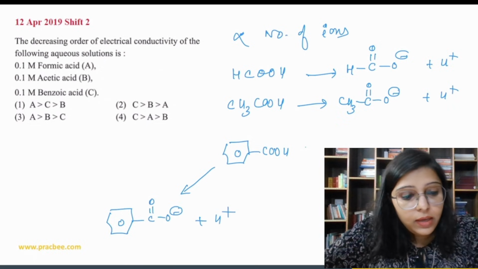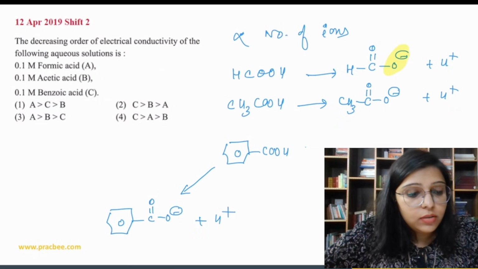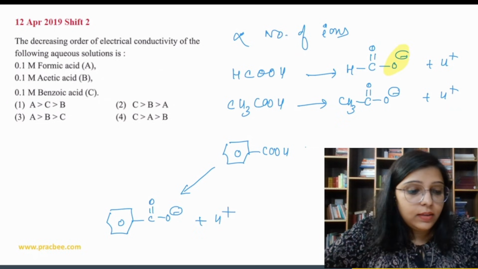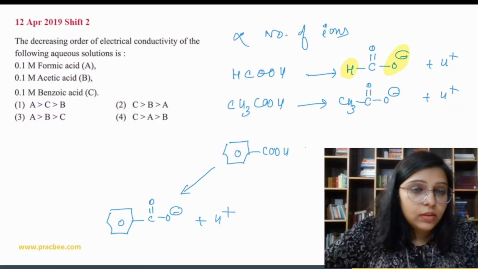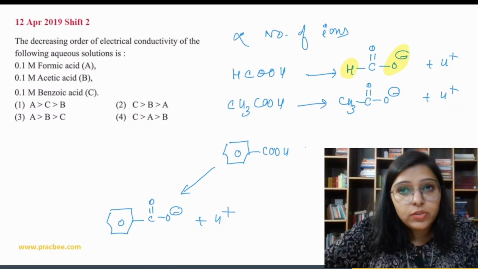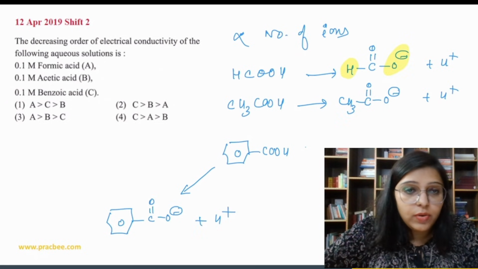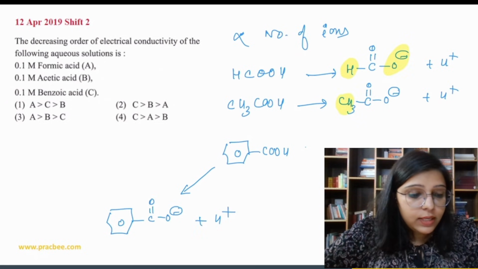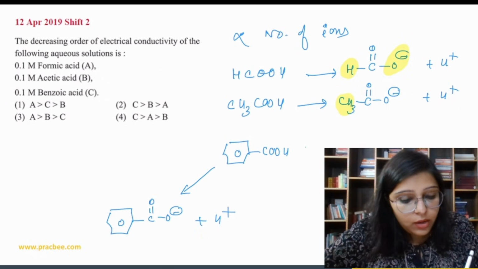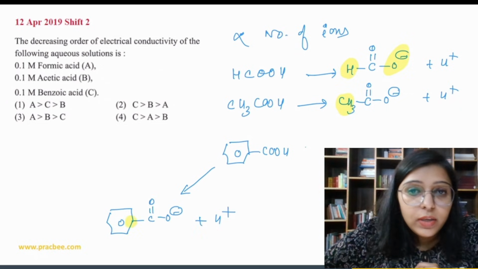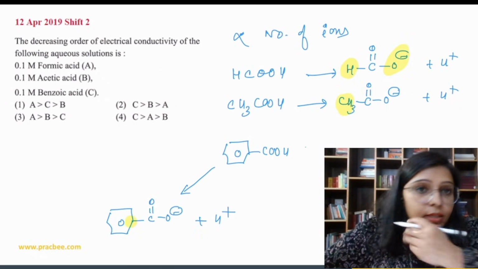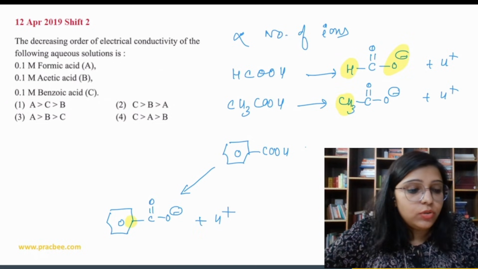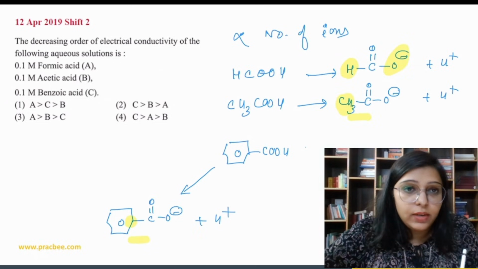So see, here we have negative charge, right? Here on H there is no inductive effect, nothing. So it is more stable. So first of all, formic acid. Now here CH3 is an electron releasing group, and here also we have an electron releasing group, right? But the point is here we have a hyperconjugated structure and here we have resonating structures.